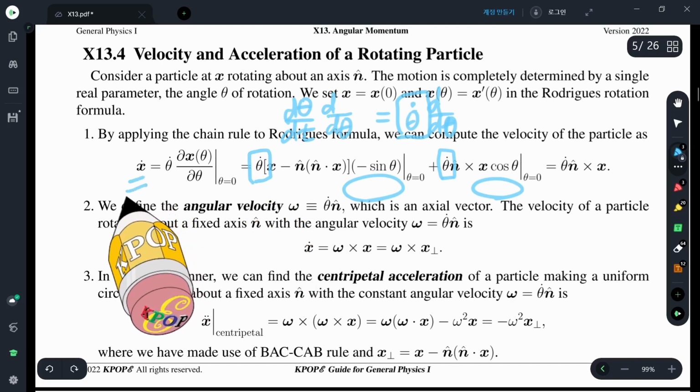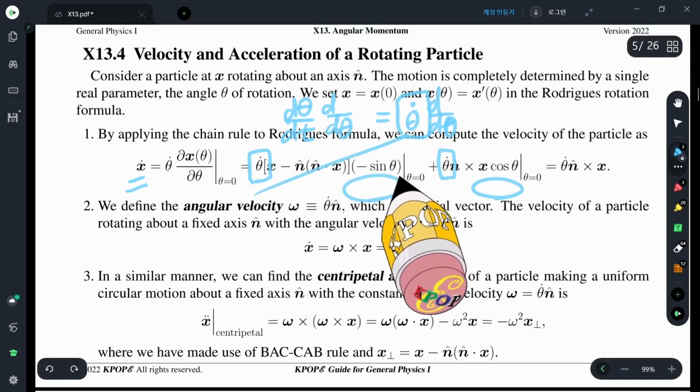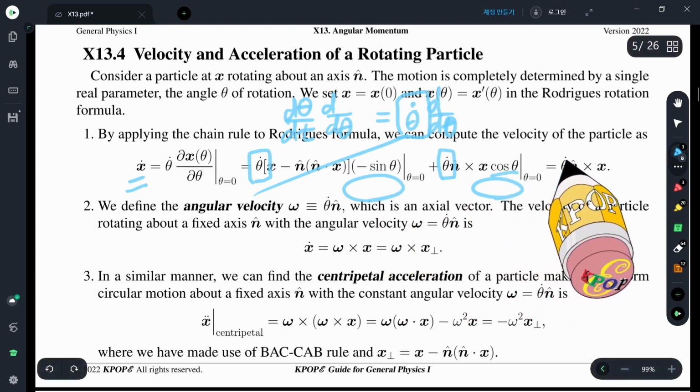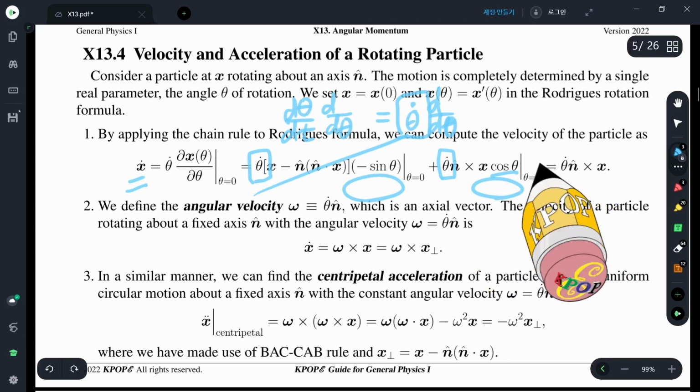When we put angle theta equals 0 for at any moment, then this one vanishes because sine 0 is 0, and this one becomes a 1, so cosine theta equals 0 is a 1. So we arrive at a very important formula.